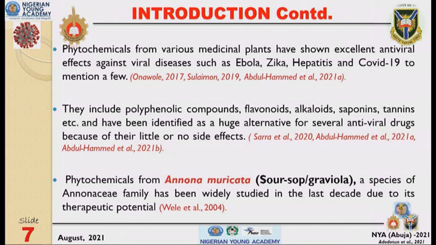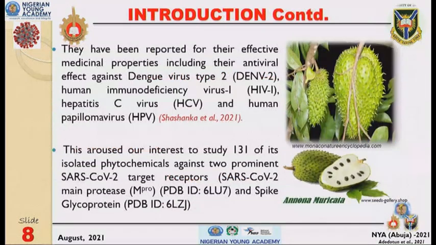But among these phytochemicals that we have in various plants, Annona muricata is a special plant. It is a species of Annonaceae family. And people have been studying it now for a decade's time. Next slide.